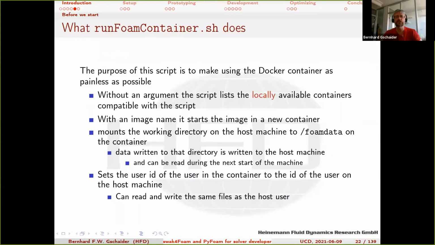And then you're in a shell inside of the container. The directory that you're in inside of the container is the directory on your host machine that you started it from. So it's quite easy. Everything you do in the directory that the shell is in will later end up on your machine, so you can store your intermediate results there and things like this. And the Docker image can read and write the same files as your host user.